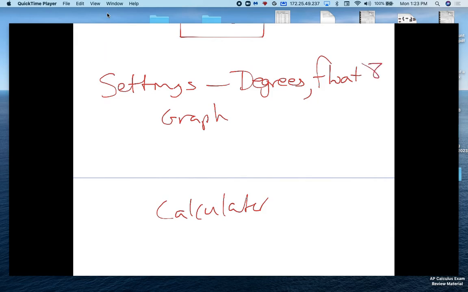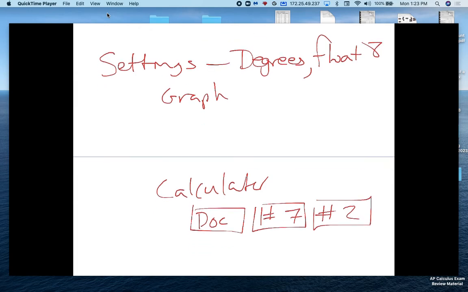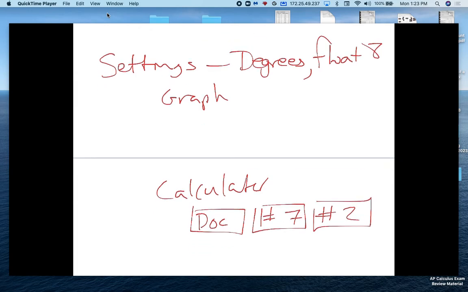So in the calculator one, you hit doc, and you go down to number 7, and then you go to number 2. Okay, so doc 7, 2, and make sure that you are not in degrees, but radians. So make sure your calculator is in radians for any AP Calculus question.